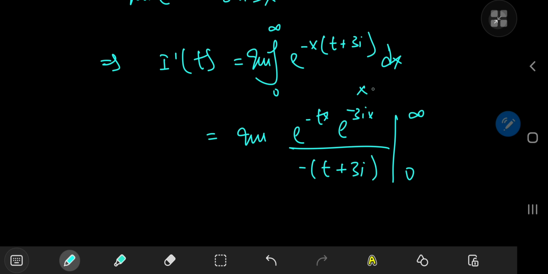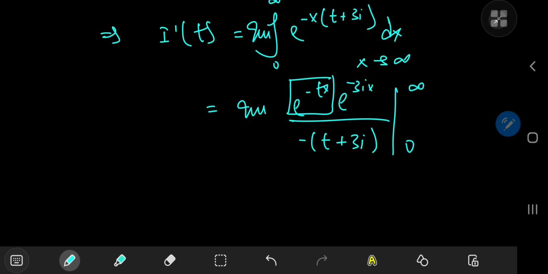So in the limit as x approaches infinity, this damped exponential term approaches 0, and the entire thing collapses. So you're left with minus the limit of this thing as x approaches 0, which cancels out with this negative sign. So you need the imaginary part of, plugging in the limit, you have 1 times 1 in the numerator. So yeah, that's 1 over t plus 3i.